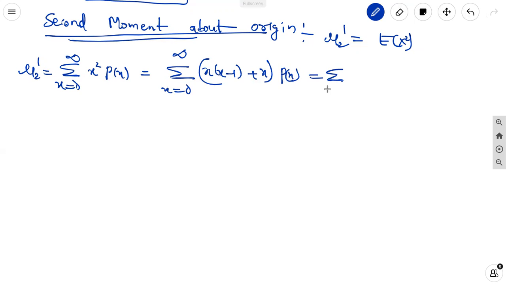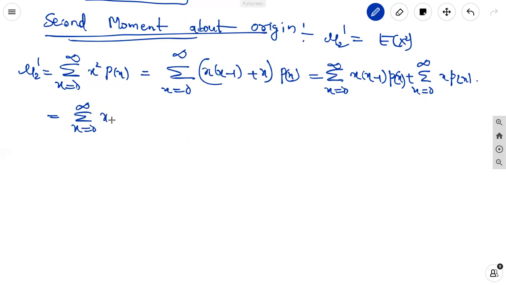Write separately summation x equal to 0 to infinity x into x minus 1 into p of x plus summation x equal to 0 to infinity x p of x. Here, by the Poisson distribution, it is equal to summation x equal to 0 to infinity x into x minus 1, p of x means e power minus lambda into lambda power x by x factorial, plus summation x equal to 0 to infinity x into p of x.